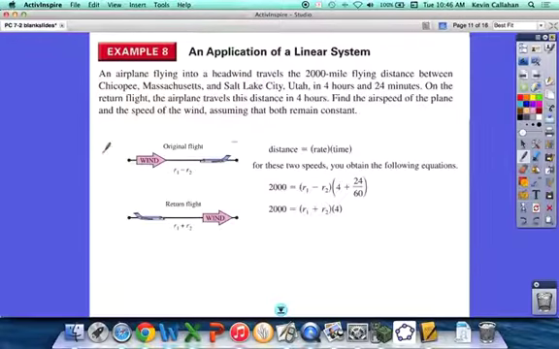The time that it takes to fly, they said when he flew into the wind, it took 4 hours and 24 minutes to get there. And when he flew with the wind, it only took 4 hours, 24 minutes less. So that is our system of equations. Two variables, two equations. We should be able to solve for the two variables.